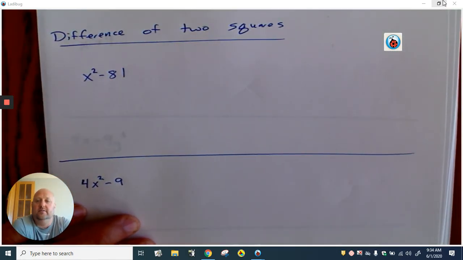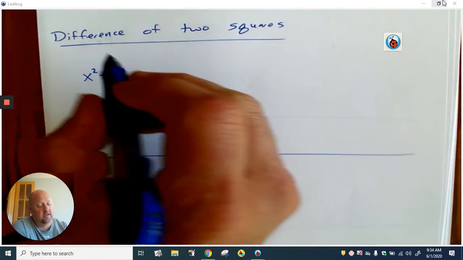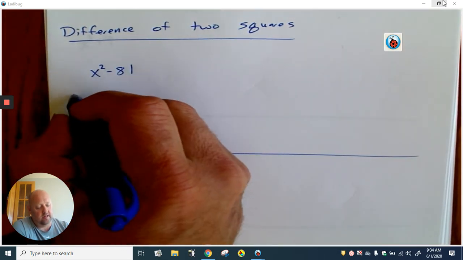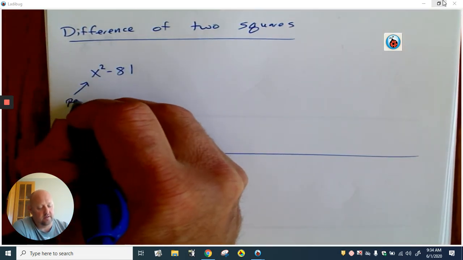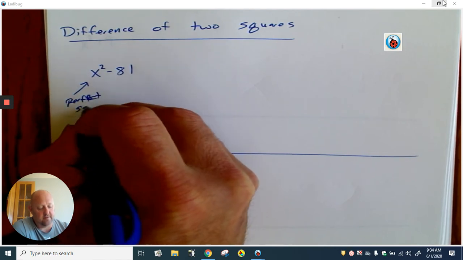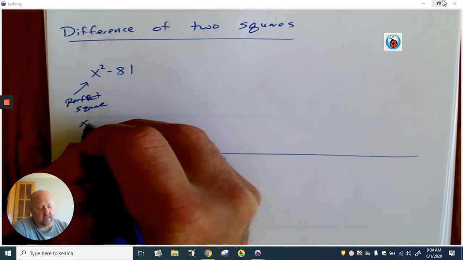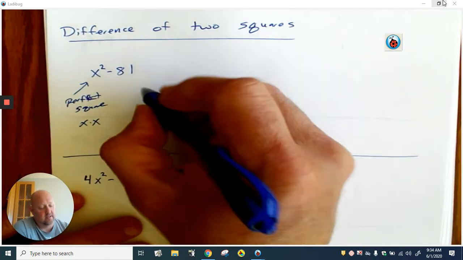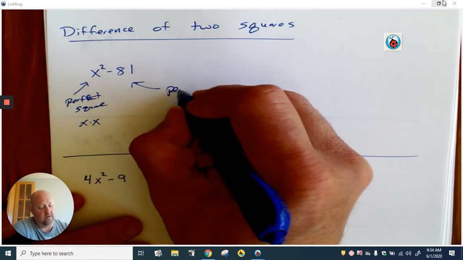Now let's talk about difference of two squares. Difference of two squares is actually really easy to recognize because what you're looking for is a perfect square, where x times x is x squared. You're looking for a perfect square.